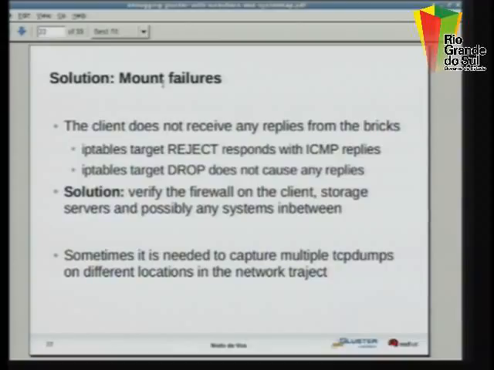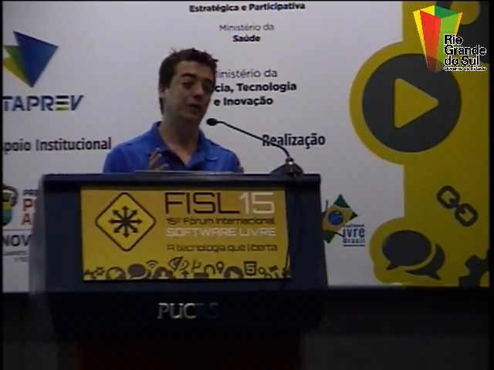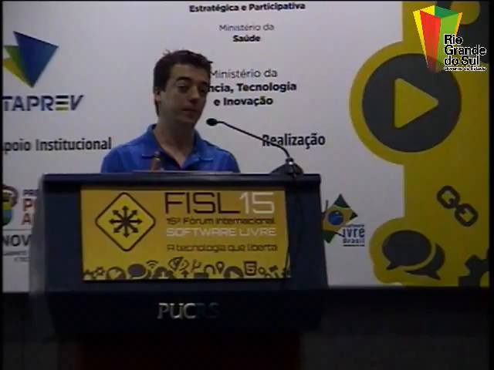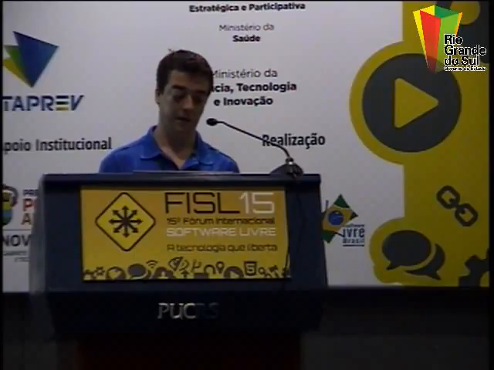So sometimes you have to capture a TCP dump on both the client and the server, sometimes even on systems somewhere in between the whole communication path. Sometimes there are routers or firewalls between, or completely separate firewalls and routers, appliances between the Gluster storage and the client, and they can drop packets or similar things.